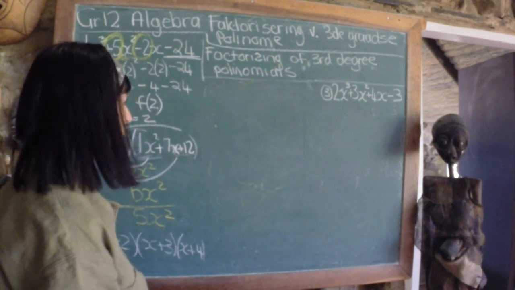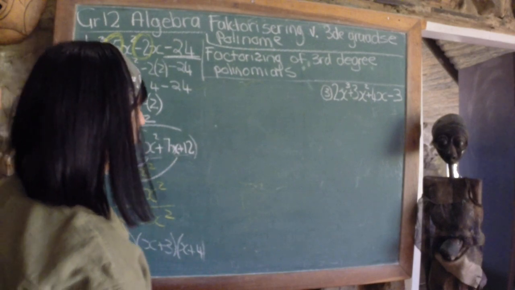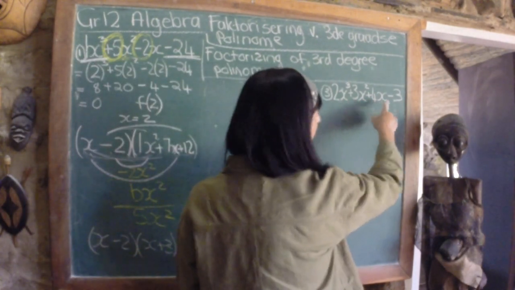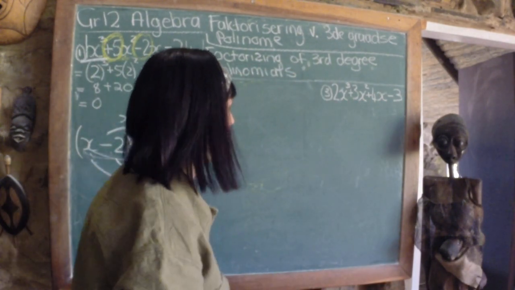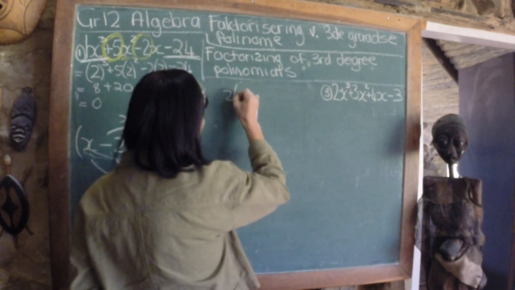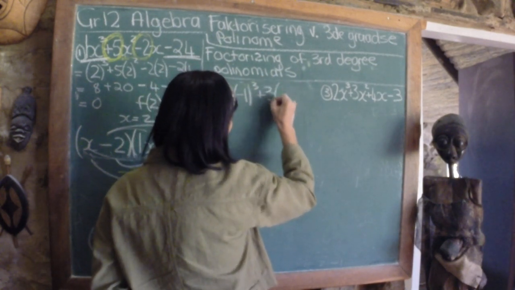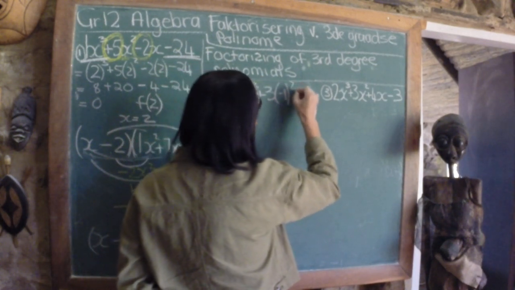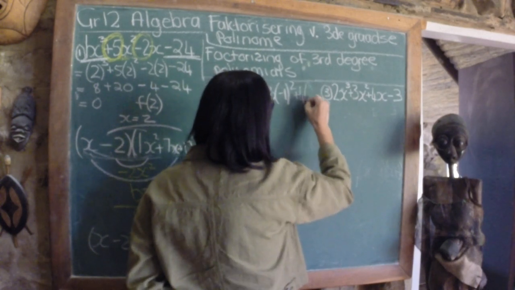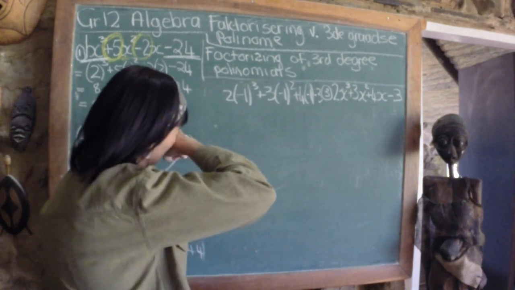Kom ons gaan soek eers vir ons eerste factor. We're going to start with 1. If we substitute 1, it's not going to give me 0. Let's try minus 1. So I've got 2 minus 1 cube plus 3 minus 1 square plus 4 minus 1 minus 3. Kom ons kyk gou, dit 0 gee.